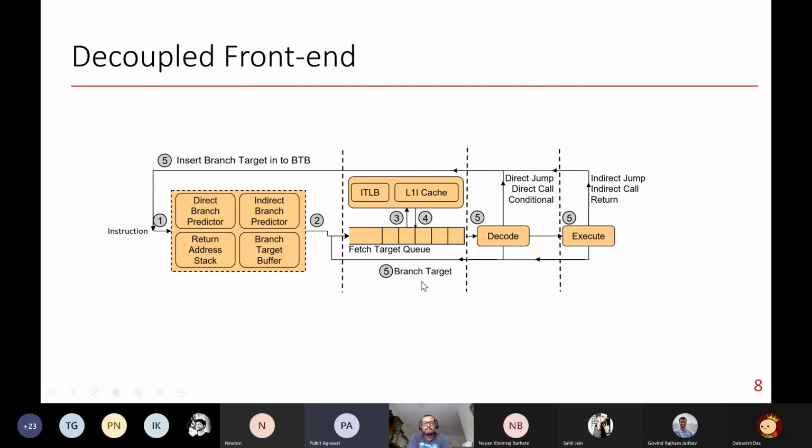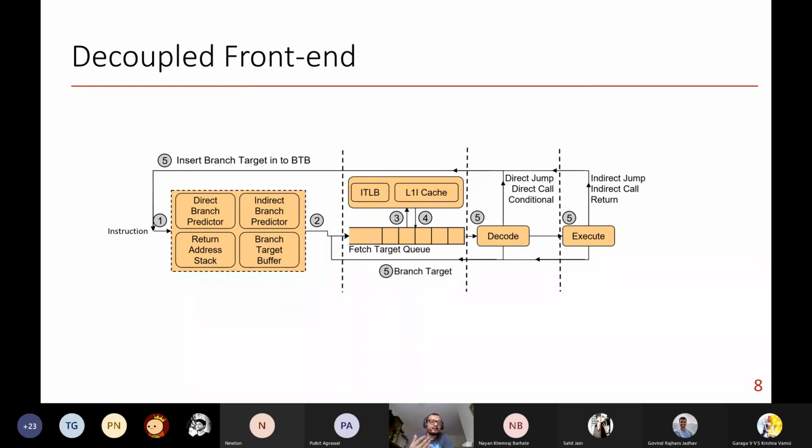Sir, when we have branches, how can we predict the next 40 instructions? The PC may change. We may not know the exact next 40 instructions. No, if you look at this particular phase, before you enter your instruction into the branch predictor, it is based on your fetch width.